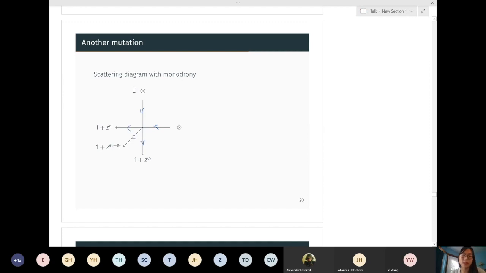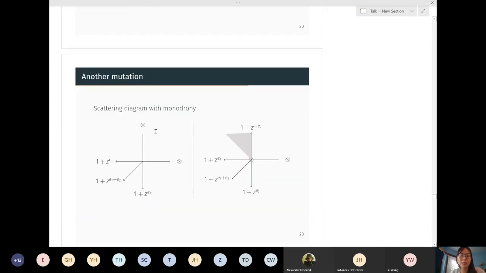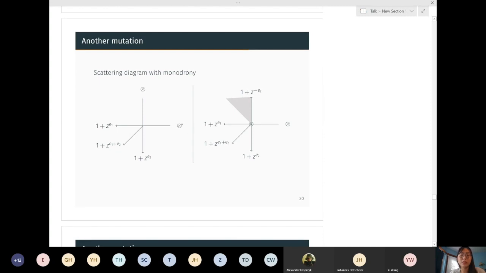At the infinity of the incoming wall, this is how my symplectic friend will interpret the scattering diagram. But when you have this Lagrangian fibration, you can move your singularity around. So what you can do is move this singularity, oh no, not this one, to the origin, and get something like this.